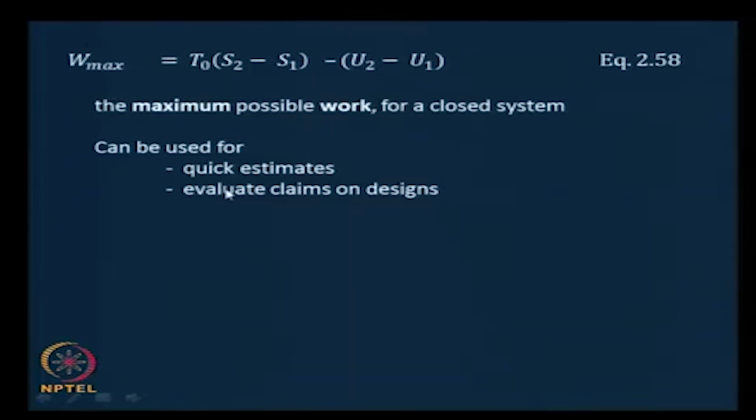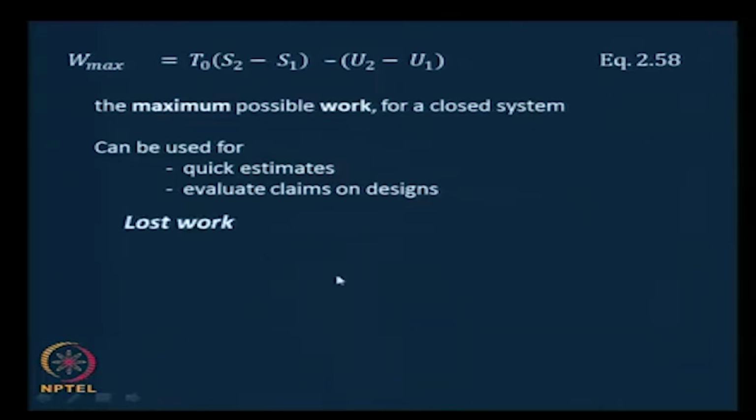It can be used for making some quick estimates and back of the envelope evaluations for claims on certain designs. If somebody is saying that they can get so much work, you can just quickly do a calculation if you know these rule of thumb values, and use that to make a quick decision.